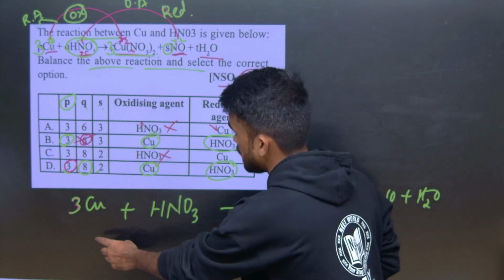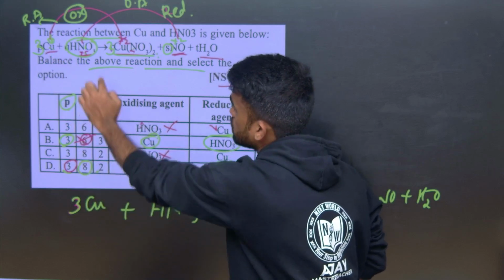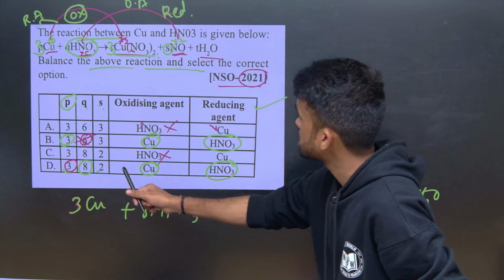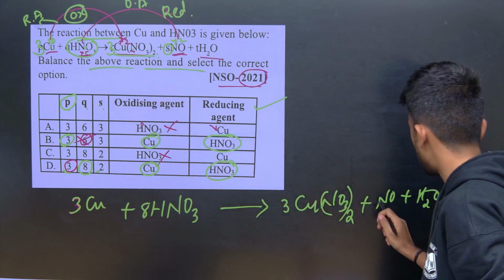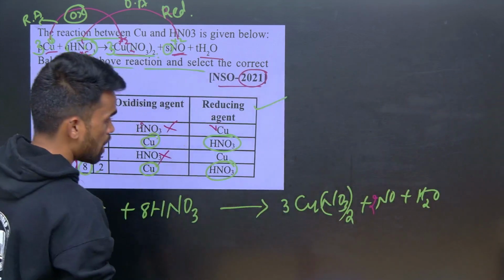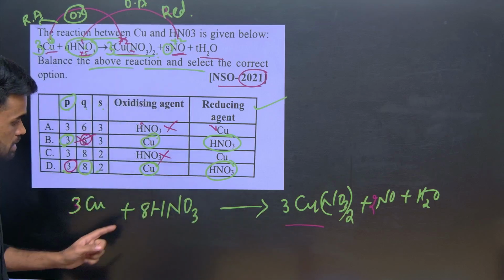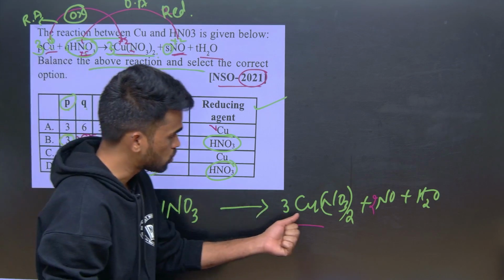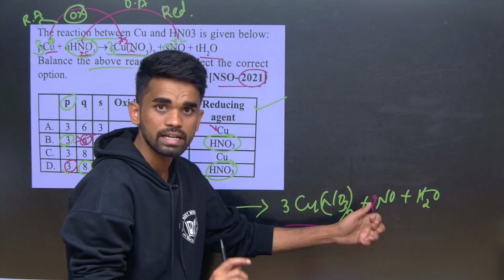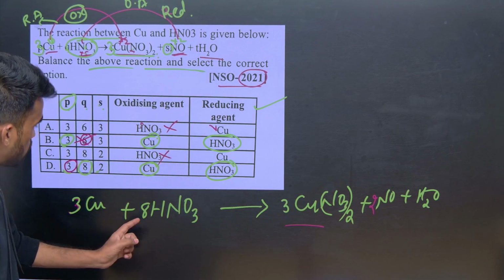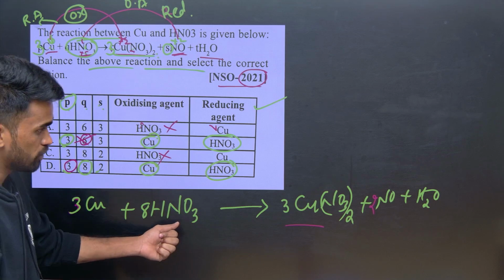Let us put these values and substitute here. I am taking P as 3 first and Q as 8. Let us verify this. And S as 2, as they mentioned. Now balance this. So 3 coppers, right? Next, 8 nitric acid means 8 nitrogens here. 2 times 3 is 6 plus 2, 8 nitrogens, done. Next, oxygens: 8 times 3 is 24.